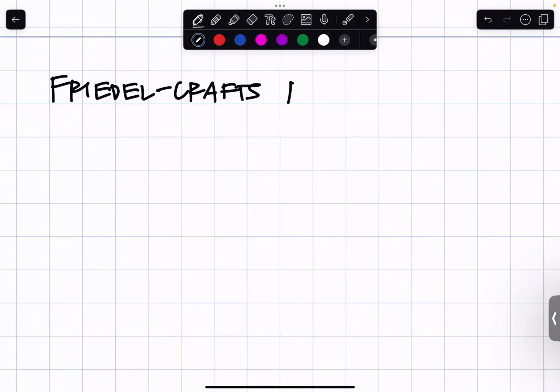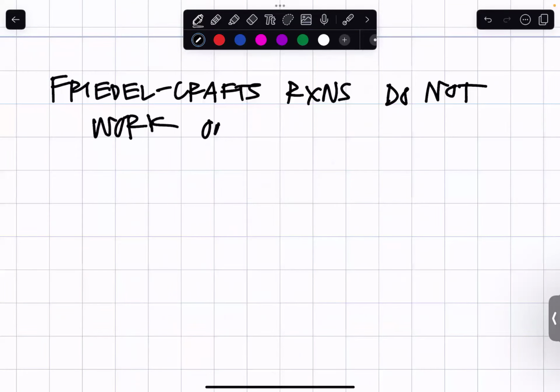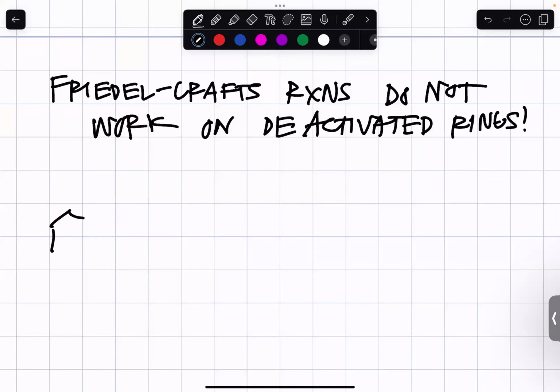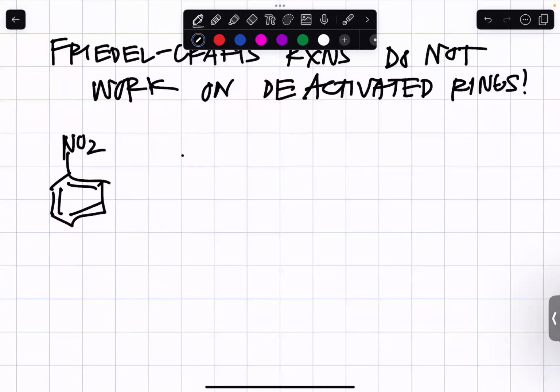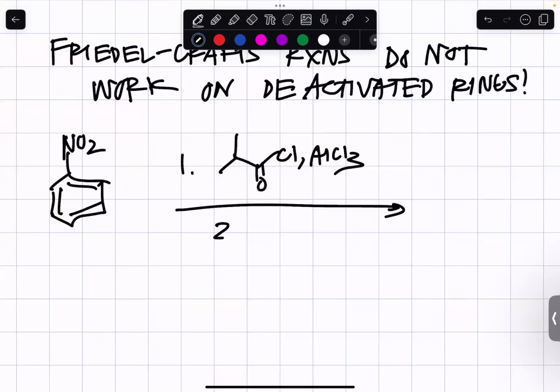Friedel-Crafts reactions do not work on deactivated rings. So if you have something like this, NO2, with the Friedel-Crafts reagents, this is no reaction.